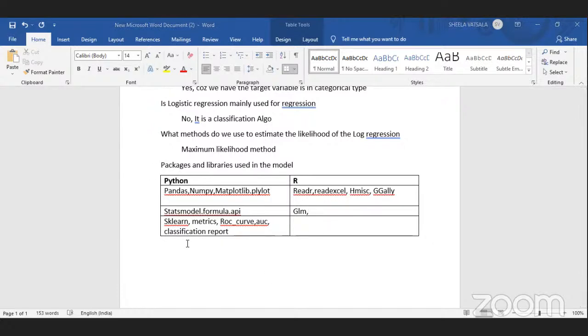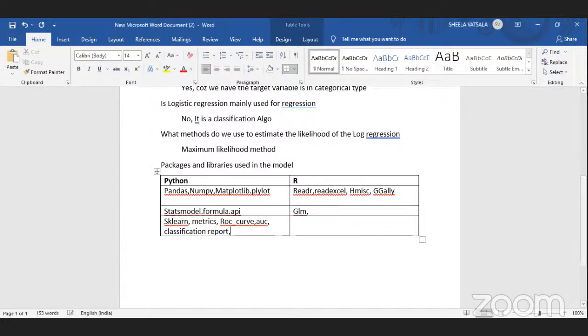What other things can you think of? Yes, confusion matrix, right? Confusion matrix we need in Python. We have to import it from sklearn metrics.